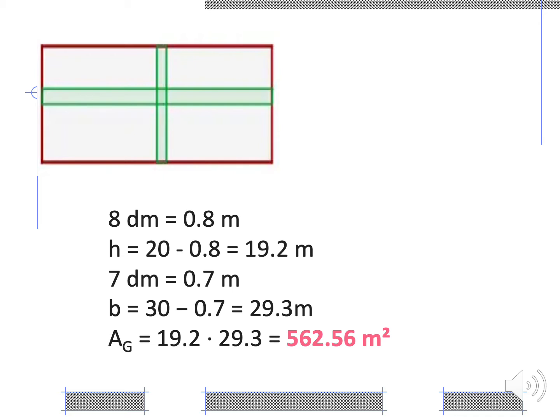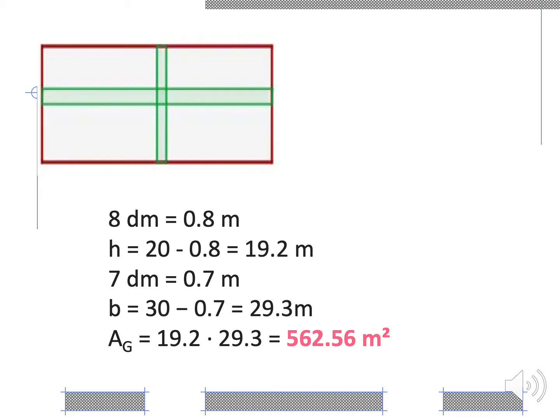The green lines here at the middle are the pathways. This pathway here is 8 decimeters, so it subtracts from the length of 20 meters. But if you notice, they are not of the same units. The other is in decimeters and the other is in meters, so you convert the decimeters into meters first. 8 decimeters is equal to 0.8 of a meter, so this height is 20 minus 0.8, that is 19.2.